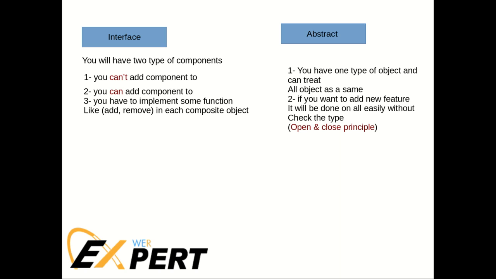Okay. If we have an abstract class with add and remove functions, we can add to the list without implementing add and remove. We just extend the abstract class. Okay.